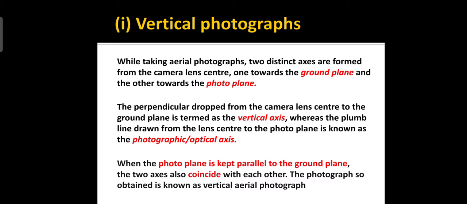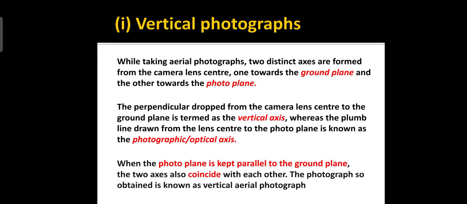When we take an aerial photograph, from the center of the lens we can have two planes, the photo plane and the ground plane, and we can draw two perpendiculars, to the ground plane as well as the photo plane.